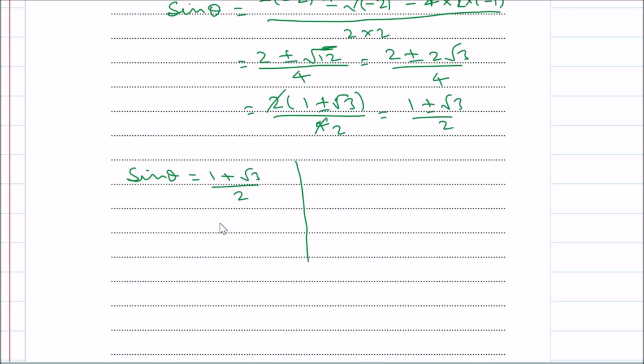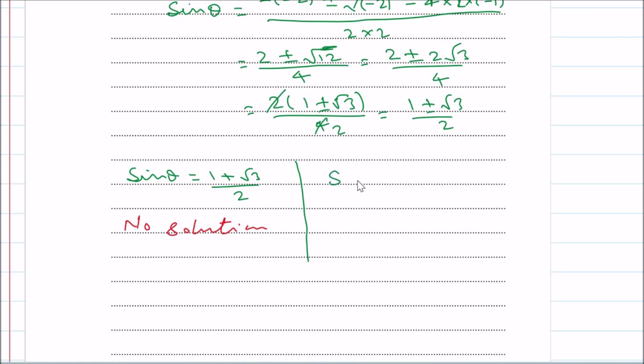If you simplify 1 plus root 3 by 2, we get sine theta more than 1, which is not possible because sine theta maximum is 1, minimum is minus 1. So it cannot be more than 1. So this will give us no solution.